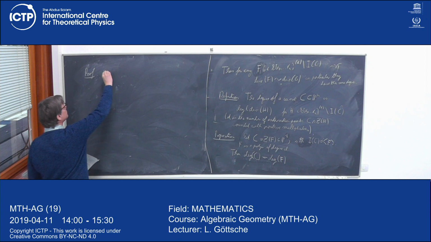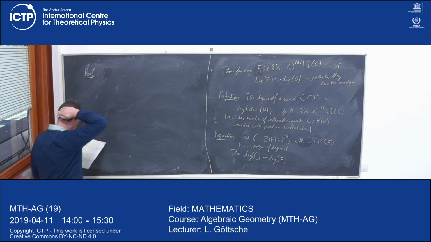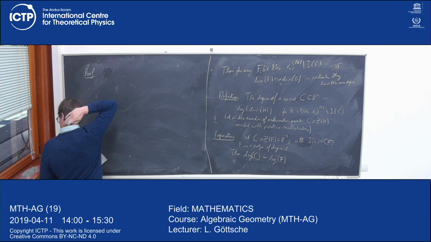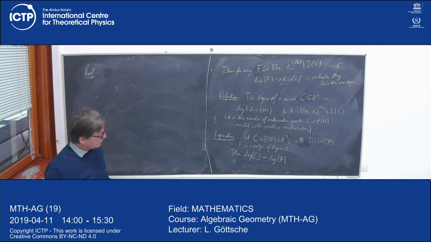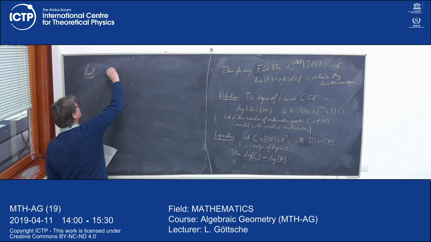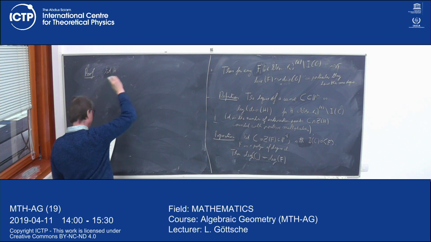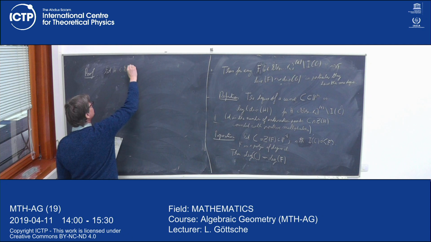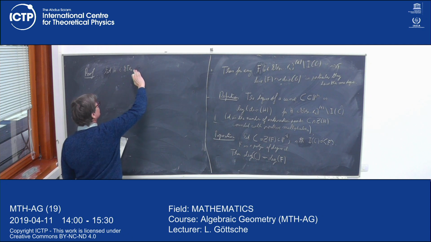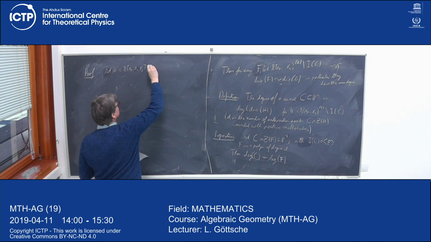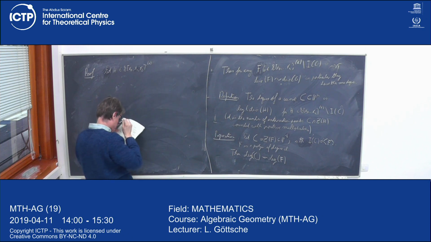So we know that, well, okay, that is good. So let H be a linear polynomial, so x1, x2, a linear form.